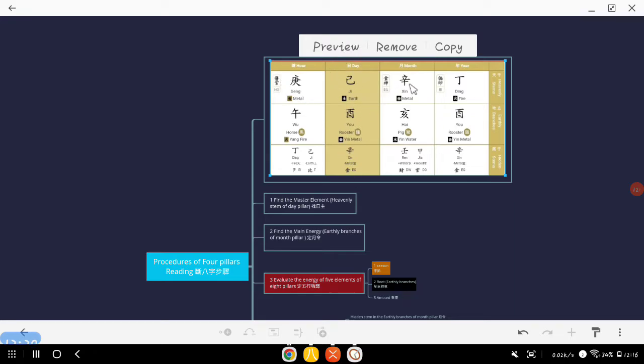So we can say that this pillar has a very strong behavior of the children star. It means he likes freedom and he reacts very fast if something happens, and of course likes to move a lot. That's the character of the children star.